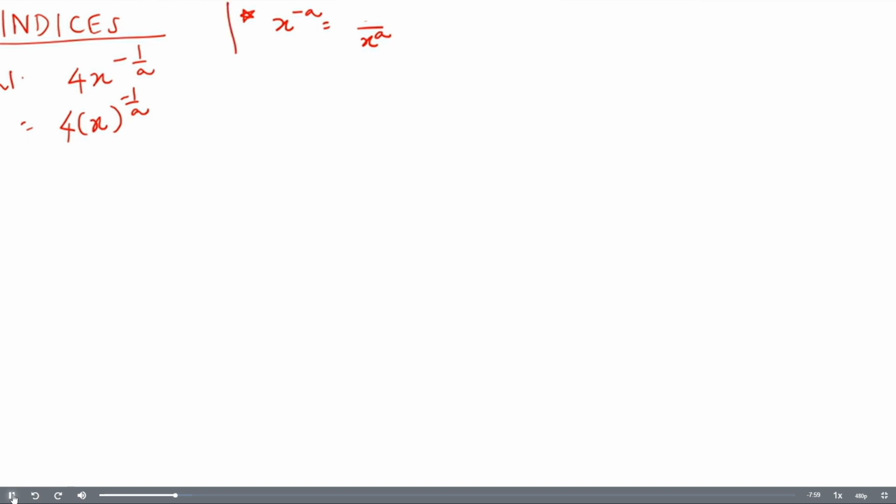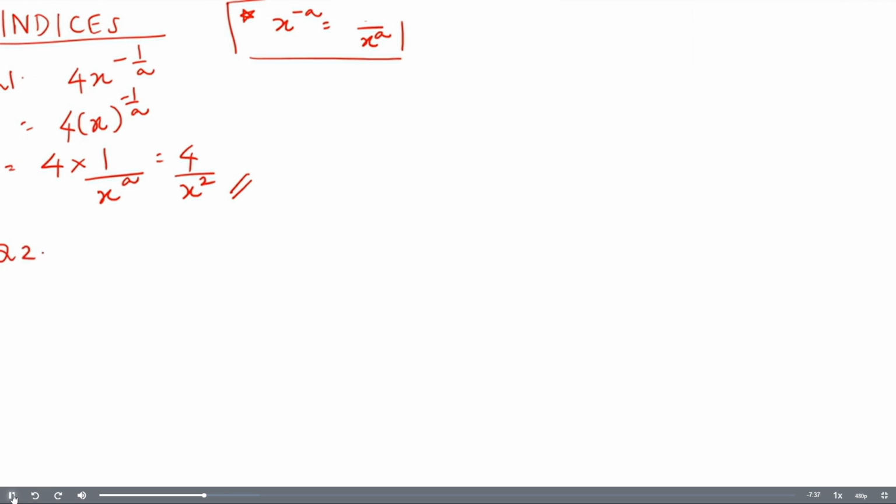This is a very important rule which you should remember. A lot of times you need to use this. So similarly, 4 into 1 by x to the power a, which is equal to 4 by x square. This is the answer.